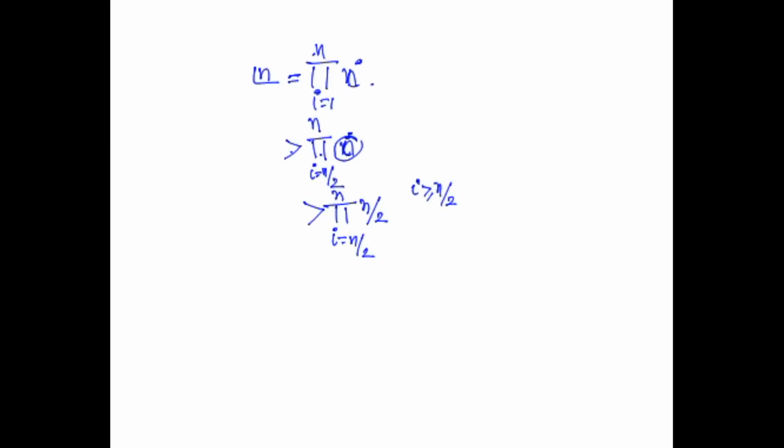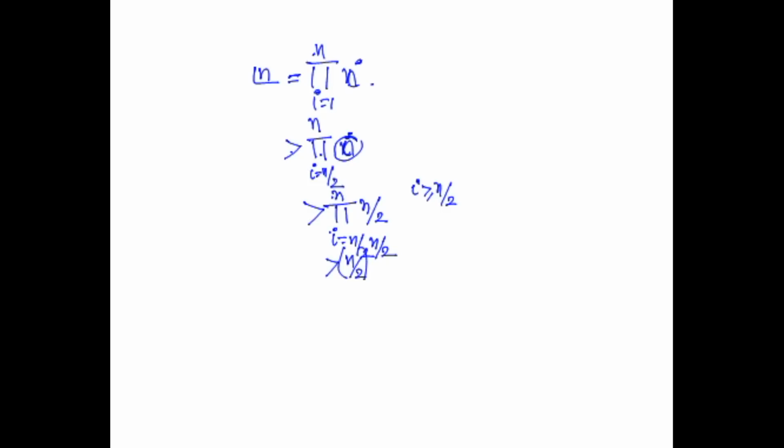So all the numbers inside here are greater than or equal to n by 2, and the number of numbers between n by 2 and n is at least n by 2. So there is a product of n by 2 numbers and each of these numbers is greater than n by 2.